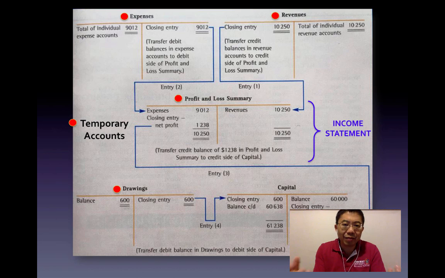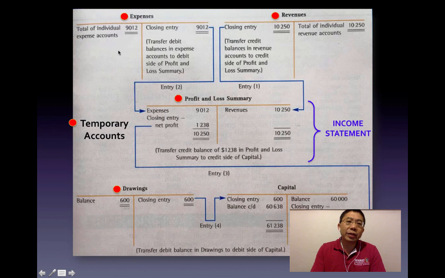Now, at the end of that year, when we want to determine the profits and losses, what we have to do is to clear off all the revenues, to transfer all the revenues out of the revenue account, and transfer all the expenses from the expenses account and move them to the profit and loss summary account, sometimes called the income summary account.